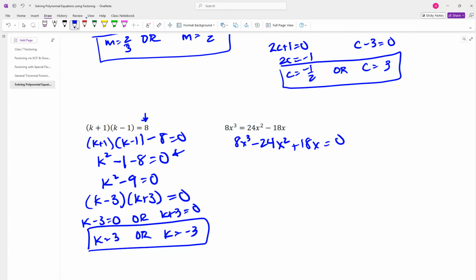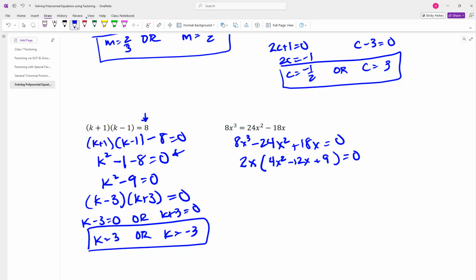Now what do we do? This isn't a trinomial square yet, right? So let's try looking at this. There's x's and everything, and they're all even, so I think I can pull out a GCF of 2x, and then I'd be left with 4x squared minus 12x plus 9 equals 0.